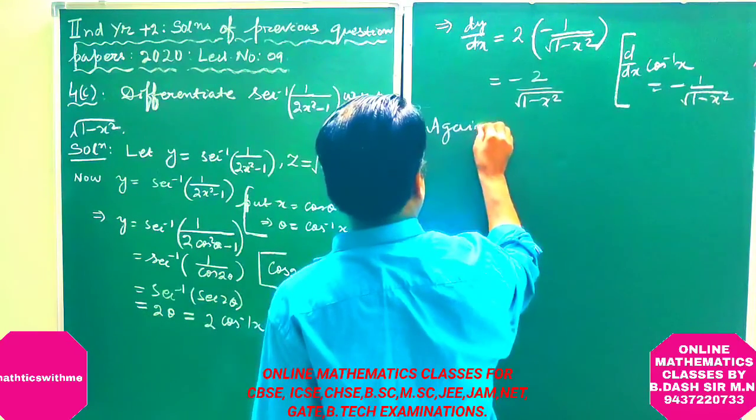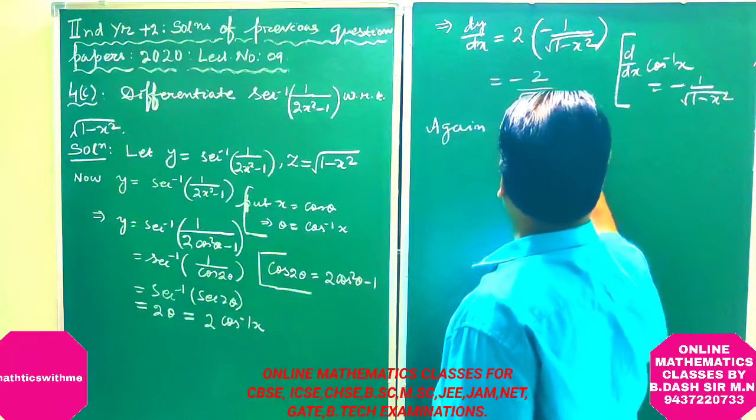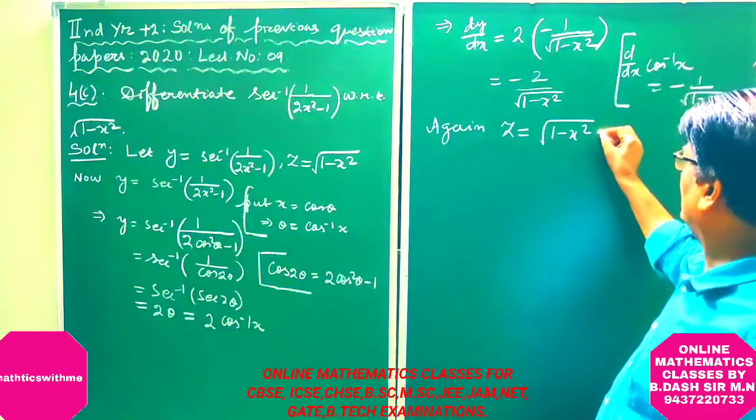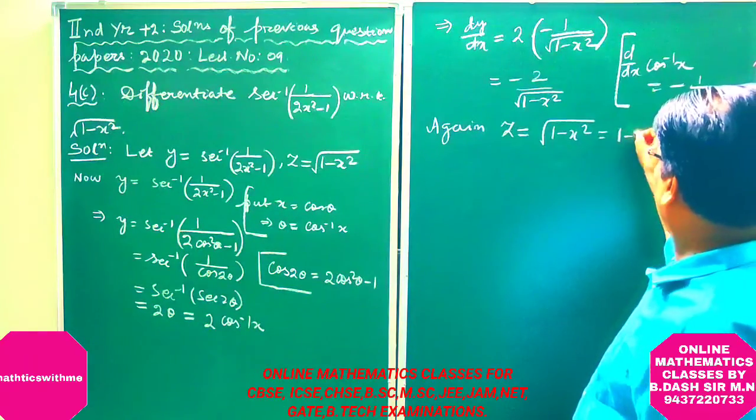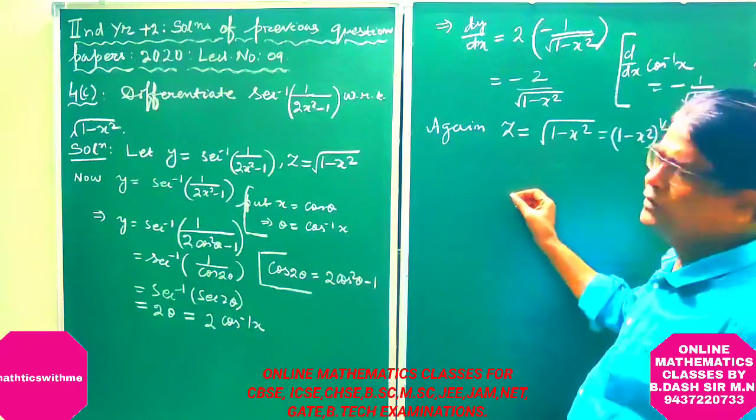Again, z is equal to √(1 minus x²), which is equal to (1 minus x²) to the power 1 by 2.